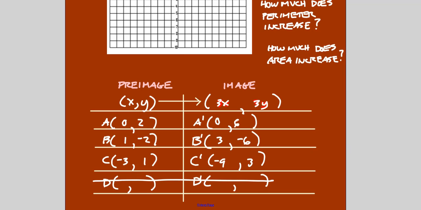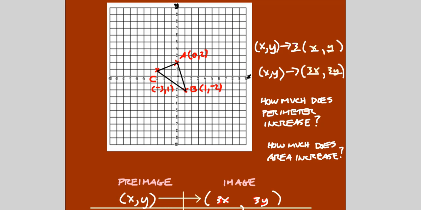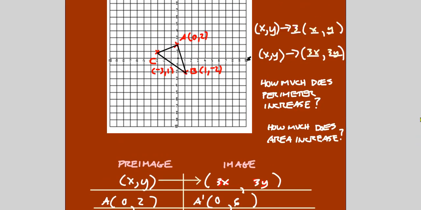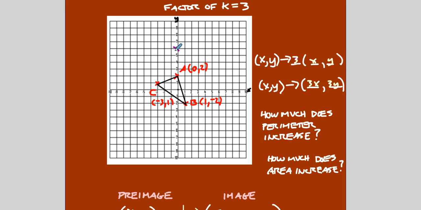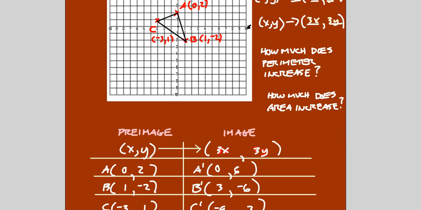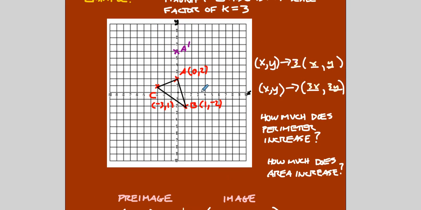So now let's plot the points. So we have A prime, the coordinates of A prime are 0, 6. That's A prime. The coordinates of B prime are 3, negative 6. So that's 3 right, 6 down.